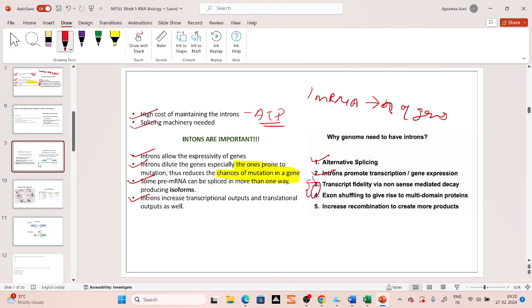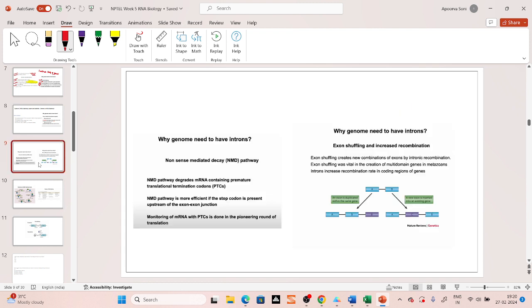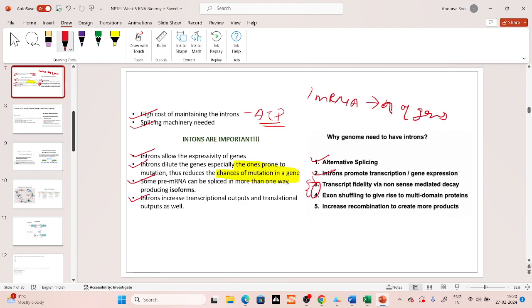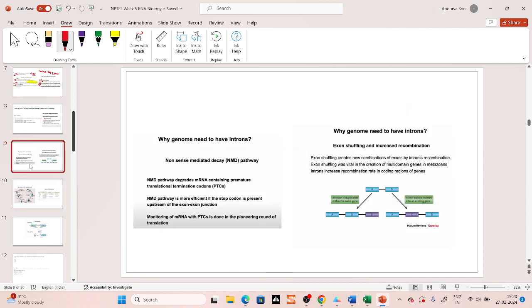Okay, now we'll see nonsense mediated decay. Here we have said that it increases the fidelity via nonsense mediated decay. So let's see what is the meaning of nonsense mediated decay.